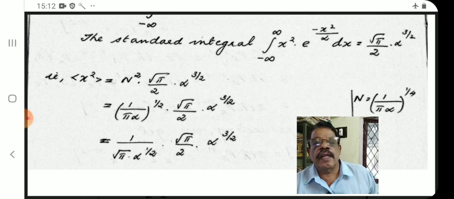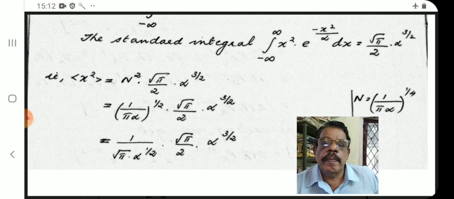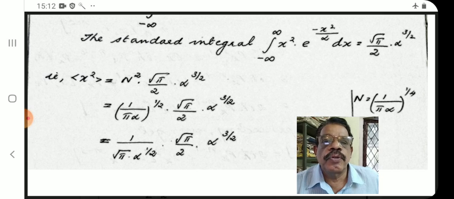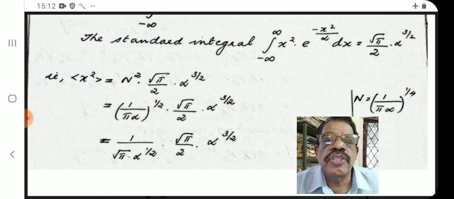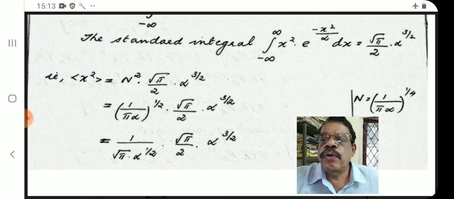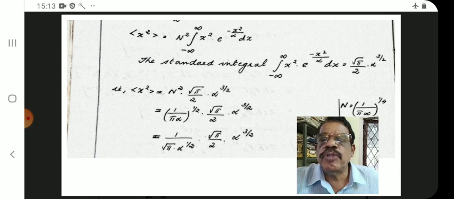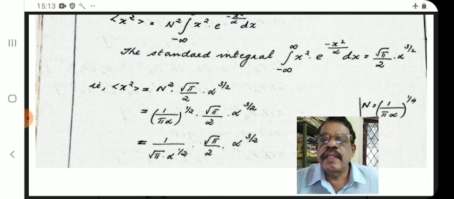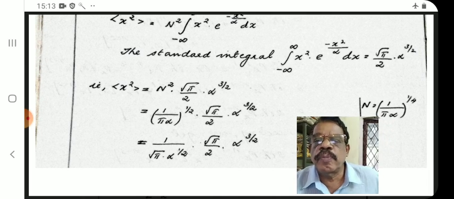Perhaps you have studied it in complementary mathematics. Therefore, the expectation of x square becomes N square times root pi by 2 alpha raised to 3 by 2.